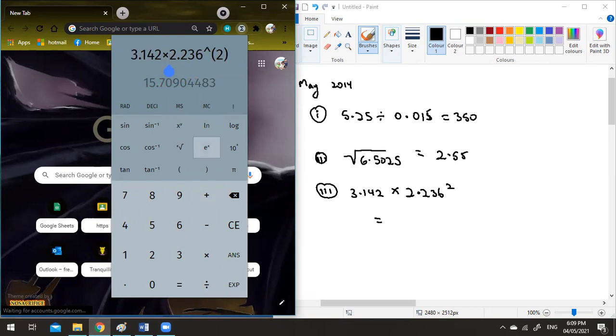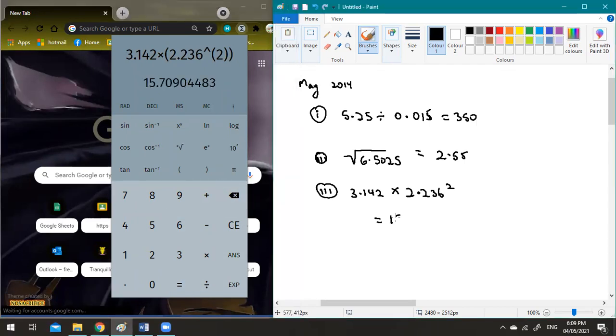Should have put that bracket here too. Equal. So 15.70904. We want 3 significant figures. So 1, 2, 3. The number after it is 0, so you leave it as is: 15.7. You put the 3 significant figures.